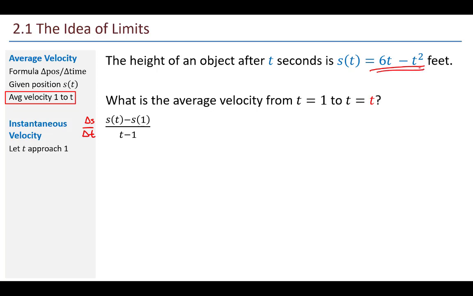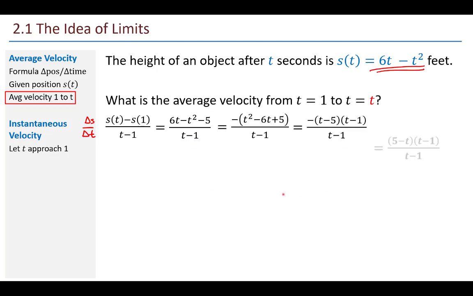It's 6t minus t squared. So 6t minus t squared minus 5, 5 is my s of 1, all divided by t minus 1. Now, we do a little bit of arithmetic. You don't have to worry about the details too much, but I can simplify that expression and end up with a formula. And that formula tells me the average rate of change over the interval from 1 to t.